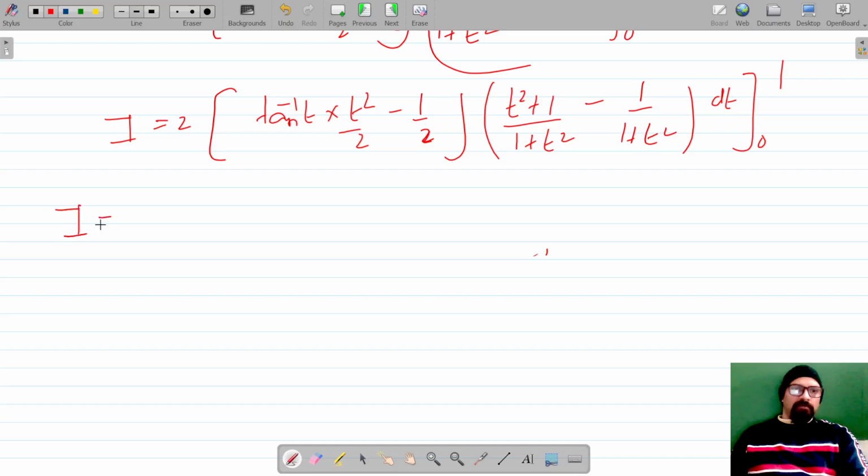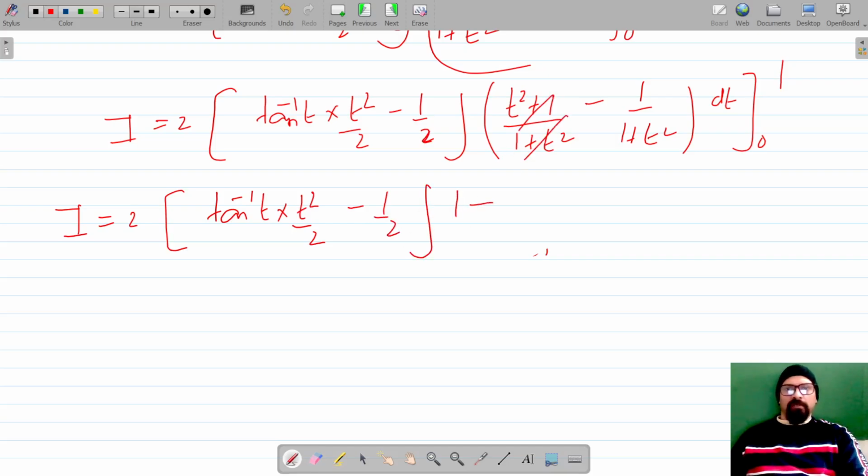So I is equal to 2 times tan inverse t into t squared by 2 minus half. Integration of this gets reduced to 1 minus 1 upon 1 plus t squared, into dt for the limit 0 to 1.